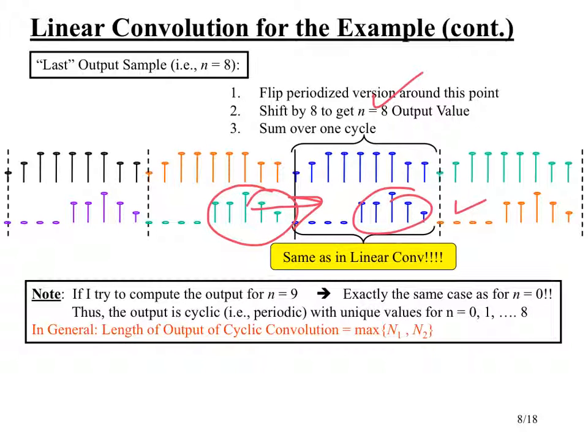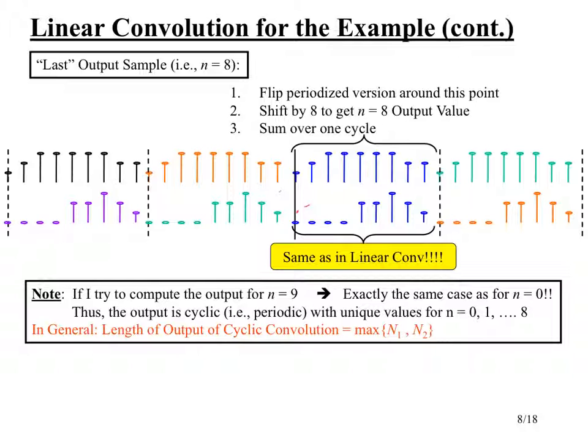The blue one now starts to play the role that the orange one had, and in fact what we see is that the scenario with a shift of 9 is exactly the same as a shift of 0. So if we were to compute the circular convolution for n equal to 9, we would get the exact same value that we had for n equal to 0. What that tells us is that the output is also a periodically extended signal, and that differs from linear convolution, which is not periodically extended.